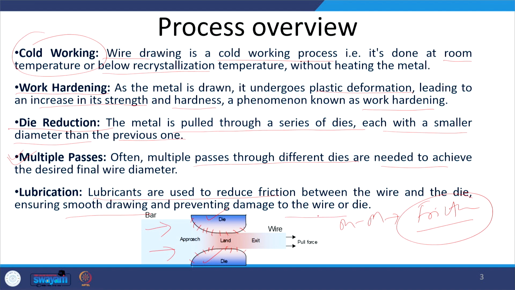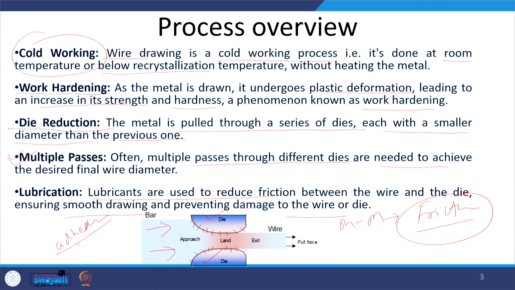Because when the wire is continuously rubbing the surface of the die, it will experience adhesive wear. So, there will be continuous loss of material from the die surface, and that in turn will change the diameter of the wire that will be produced.